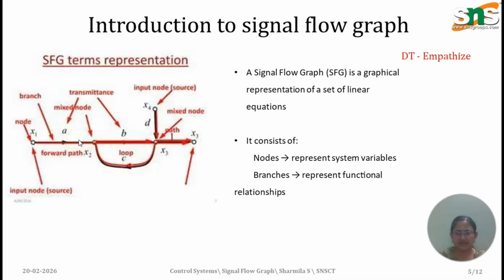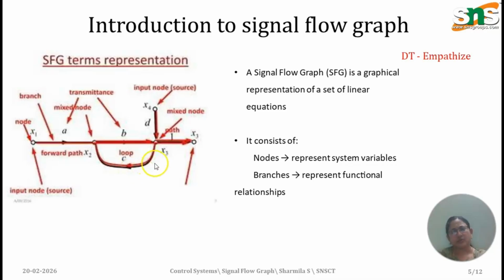The total gain of the forward path is calculated by multiplying all gains along the path. Next is a loop. A loop is a closed path that starts and ends at the same node. The loop gain is the product of gains around that closed loop. Non-touching loops: two loops are non-touching if they do not share any common node. This concept is very important when applying Mason's gain formula.